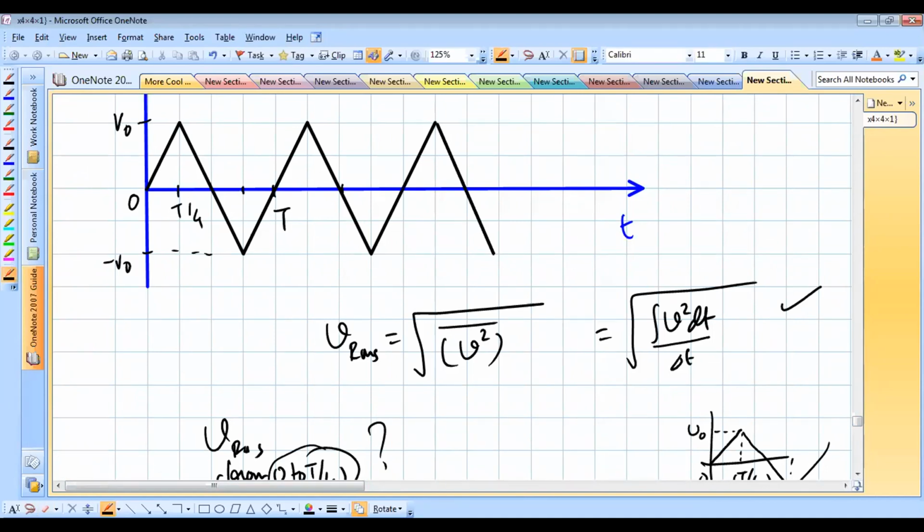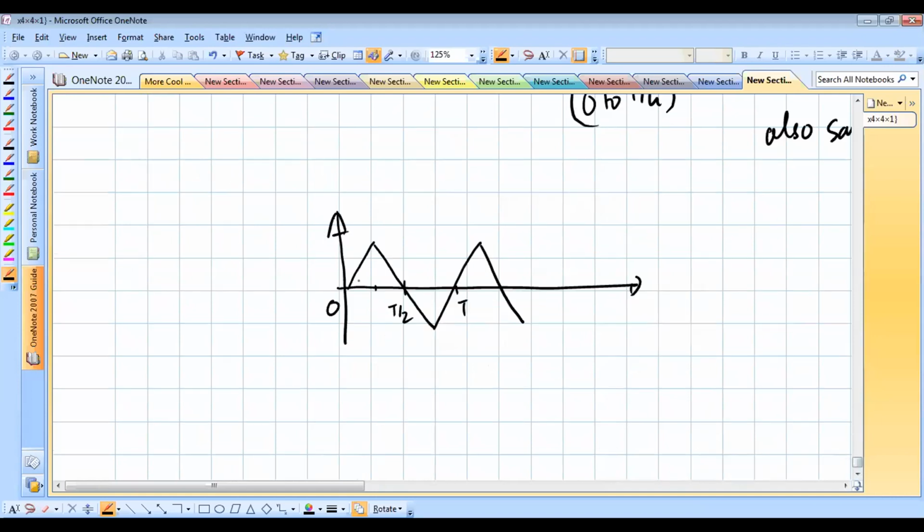And this time in between here is t by 2. Anyway, this is V versus T. So you can see that between this and this, 0 to T by 4, it is not symmetrical with respect to 0 to T or something. But if you see the whole square of this, that's symmetrical. The whole square graph will be like this.